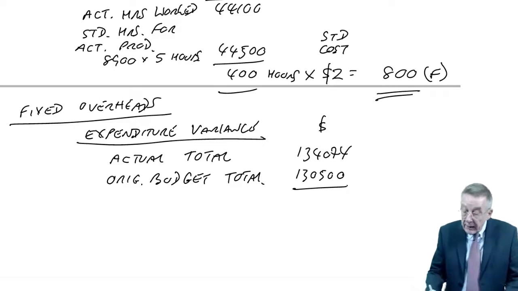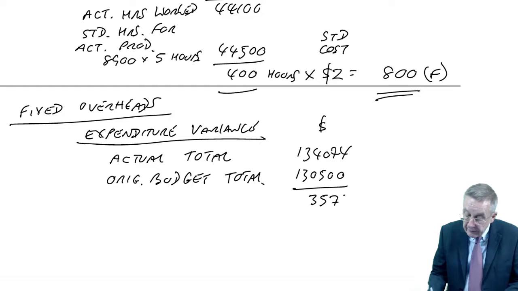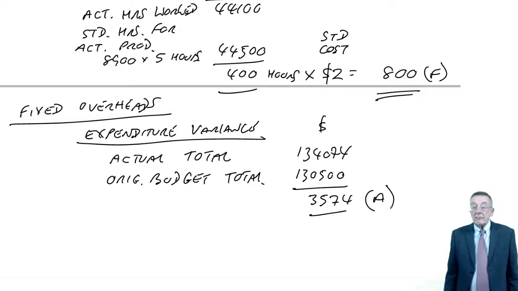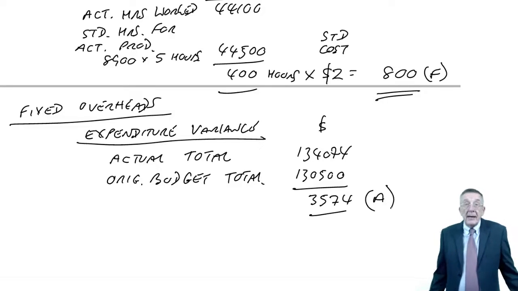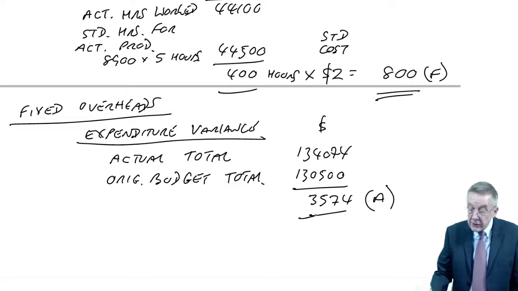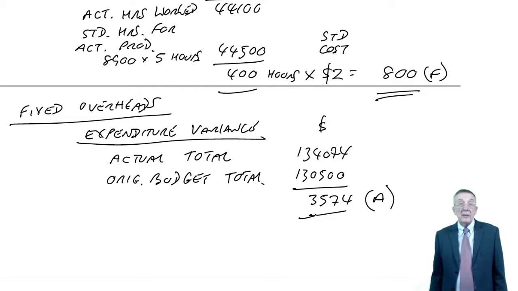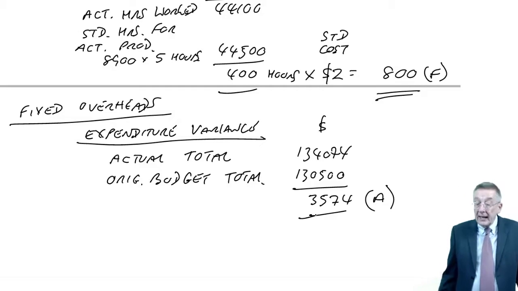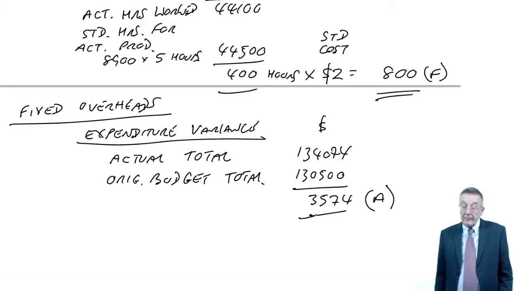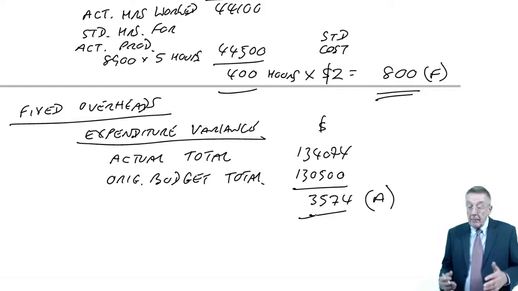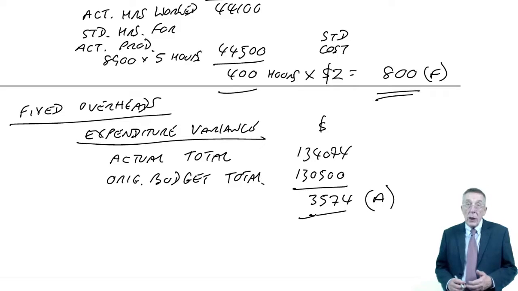We've overspent by 3,574. Whoever the manager is responsible for fixed overheads, I want an explanation of why we overspent. It's nothing to do with producing more. Producing more itself shouldn't have put the cost up. So I think not only is that one easy to remember, but that's probably the most obvious variance of all.